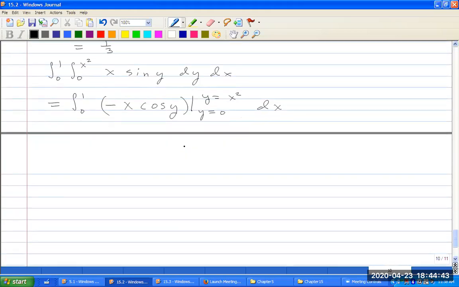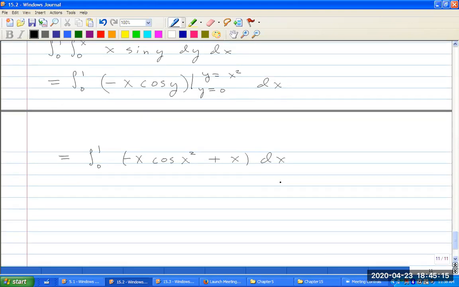So this is equal to the integral from 0 to 1, plug in x squared, so it's minus x cosine x squared, which makes that an easier integration. You don't have to integrate by parts or anything. And then cosine of 0 is 1, so minus a negative makes that a positive x dx.